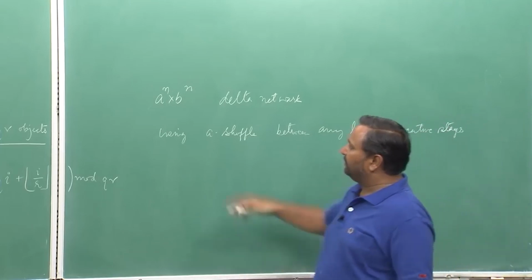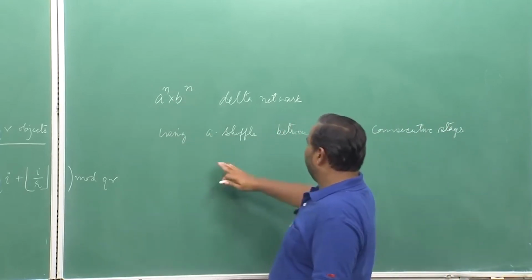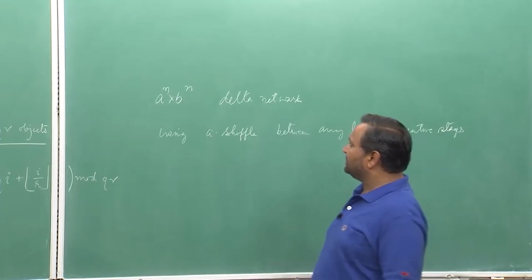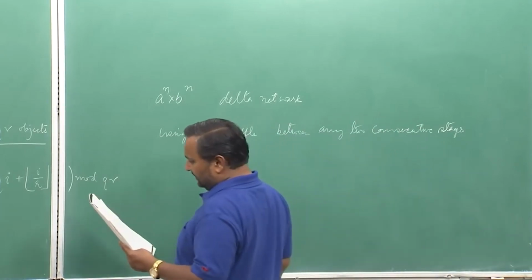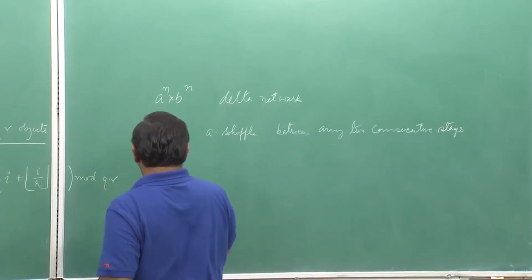So, the network will be of n stages, and between any two consecutive stages I am going to use a shuffle, and what I will get is a delta network. We will be able to construct it.